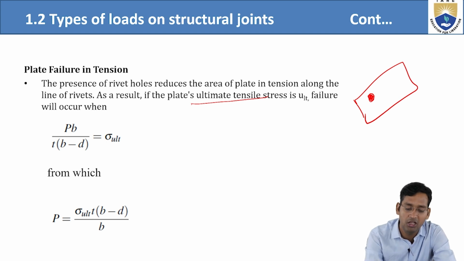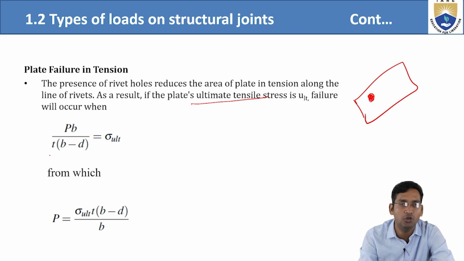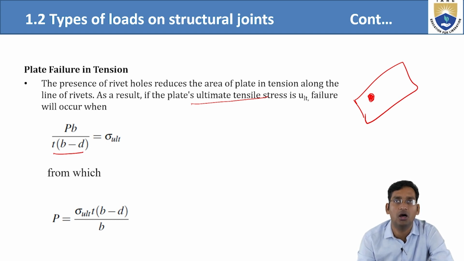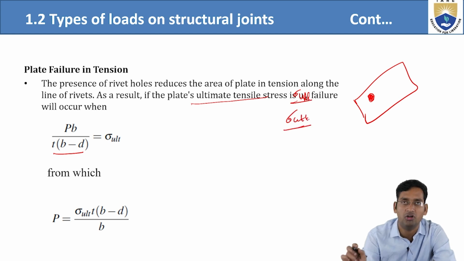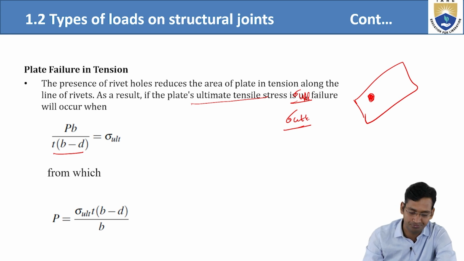So how will that fail? P by T into (B minus D) equals sigma ULT, that is sigma ultimate, or you can say the ultimate stress.